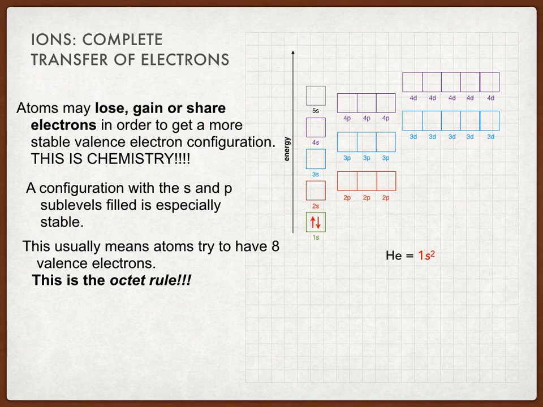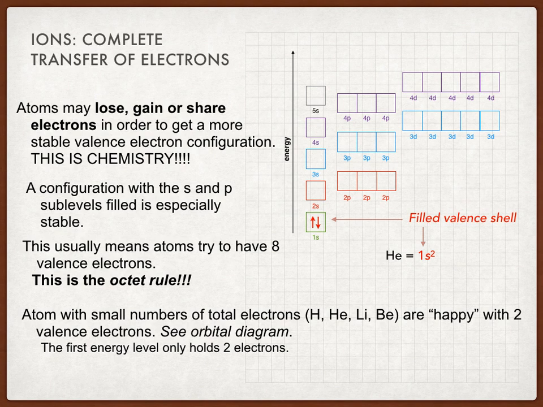Okay, so something like hydrogen, lithium, beryllium, right? Those guys are happy with 2 electrons because they are the closest to helium on the periodic table. So hydrogen does not obey the octet rule.